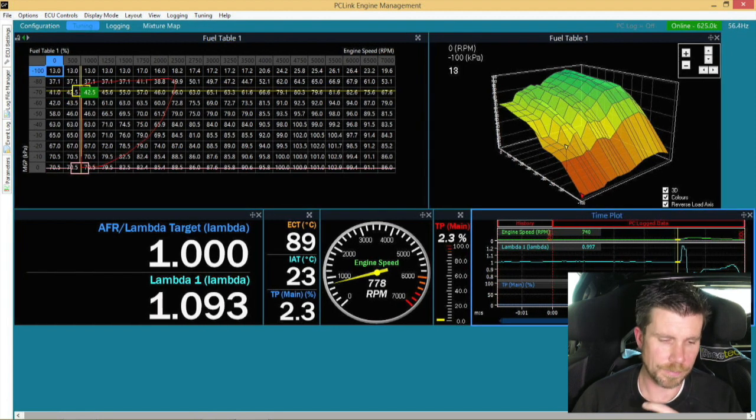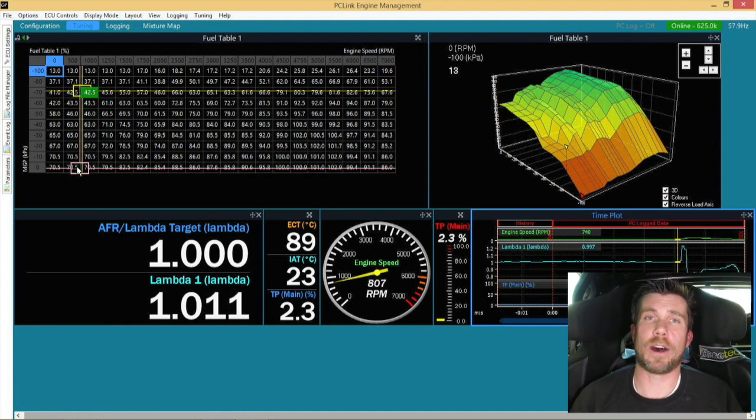When I went to full throttle, we can see the pink trace here has gone to 800 RPM and 0 kPa. Now that's an area of the fuel table that almost certainly we're not going to be able to access, and we're not going to be able to tune correctly on either the dyno or the road.